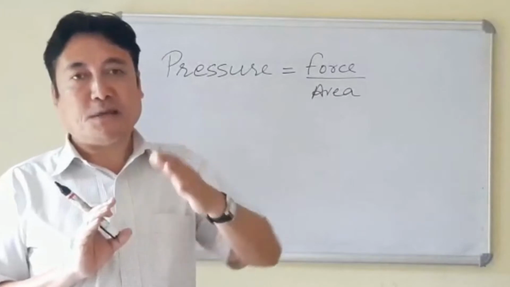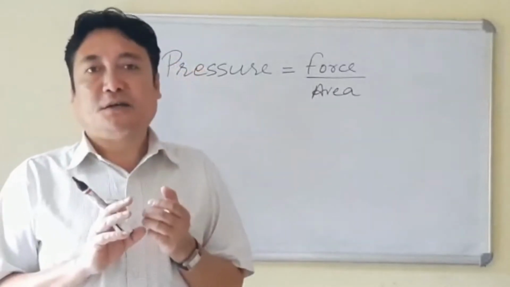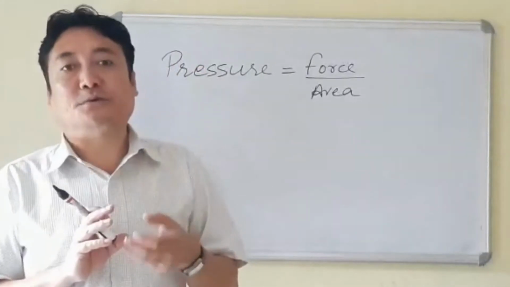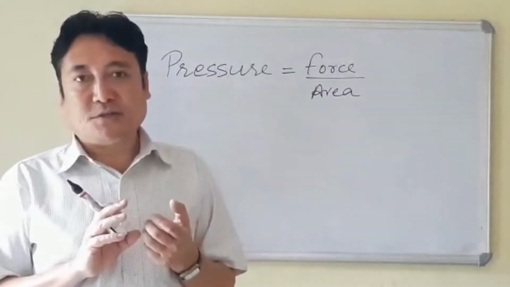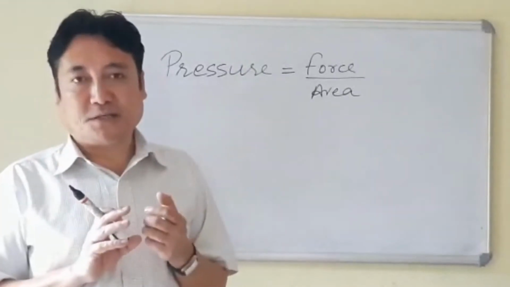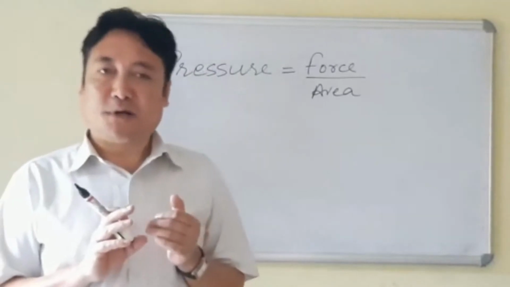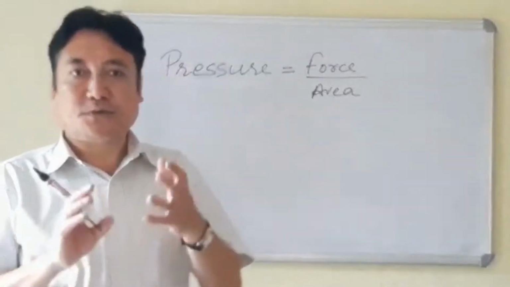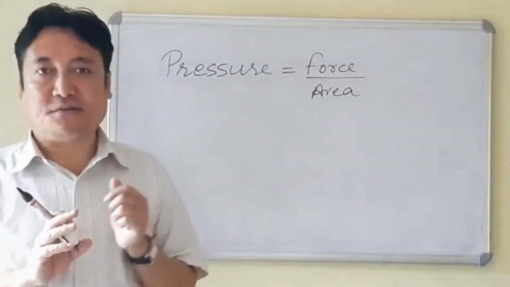What will happen? The brick will sink. So as you go on increasing the number of bricks, the magnitude of the force increases. The more the magnitude of the force, the more will be the pressure. Due to that pressure, the brick will sink in mud or sand.